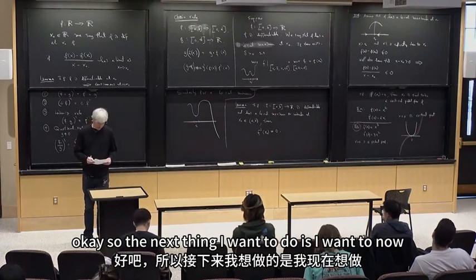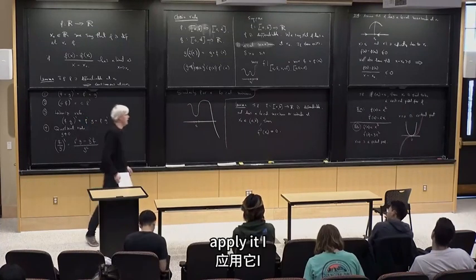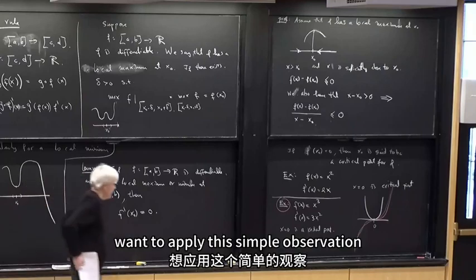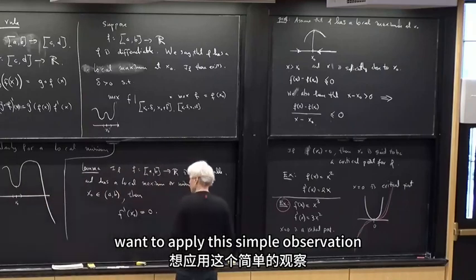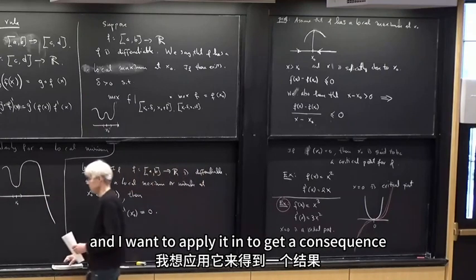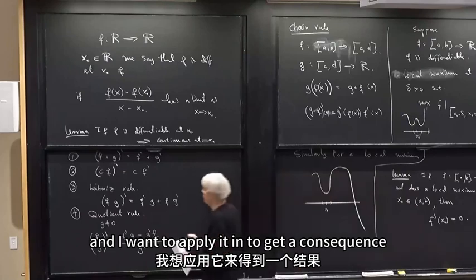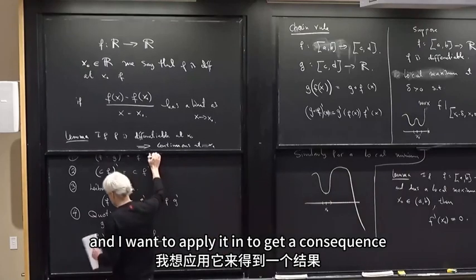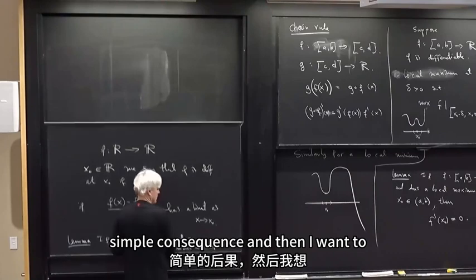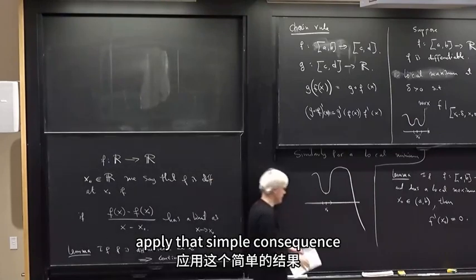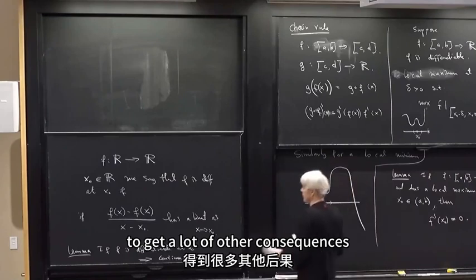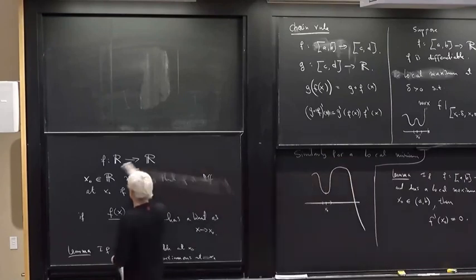Okay, so the next thing I want to do is I want to now apply this simple observation to get a simple consequence, and then I want to apply that simple consequence to get a lot of other consequences.